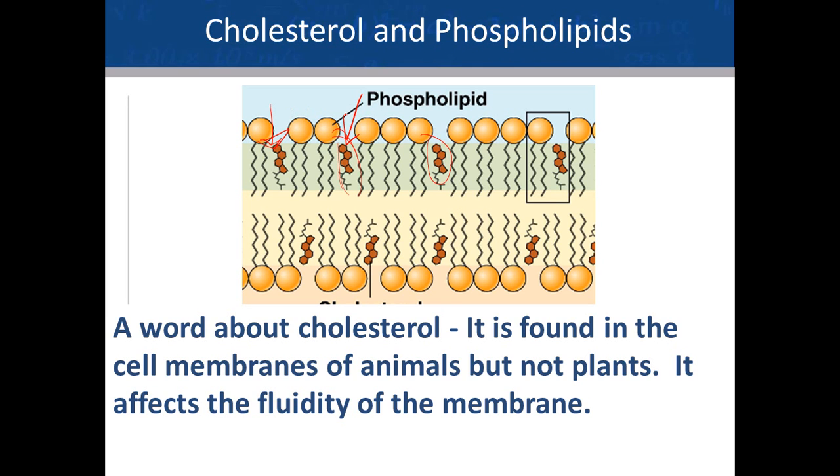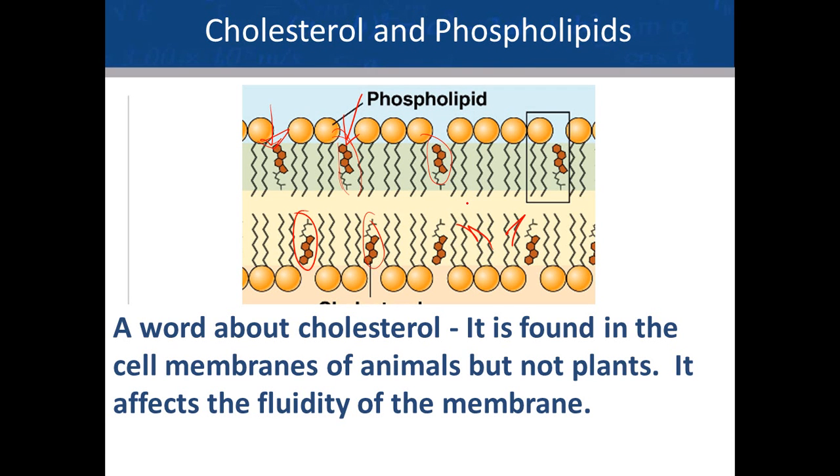Now, here are the 2 opposing statements, so listen very carefully. If the phospholipids are saturated, by inserting these cholesterol molecules, it actually prevents them from being packed too closely together, and that's going to make the membrane more fluid. However, if the phospholipids are unsaturated, remember we have those kinks in the tail?